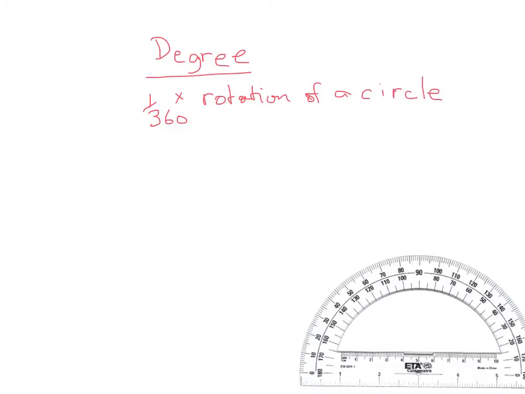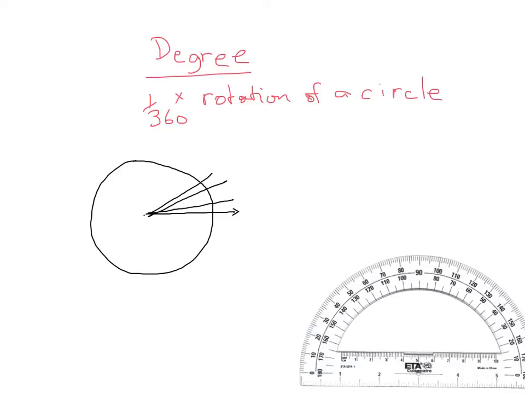Let's see. So here we have a circle. My best attempt at a circle. And if I took my circle, I could chop it up into literally, well, I'm going big because it would be really hard to chop it up into 360 pieces, but this is my attempt at chopping it up into 360 pieces.